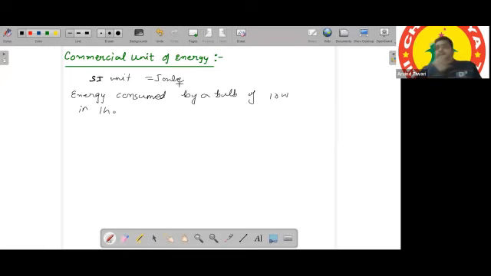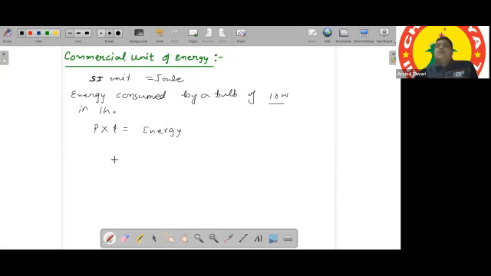Okay. So if you observe at your home, there must be around 6 to 10 bulbs which are glowing, right? And each bulb is of power 10 watt only. So how many joules of energy are we using in 1 hour? If I compute this by the formula, we know that power into time will be equal to energy, right?